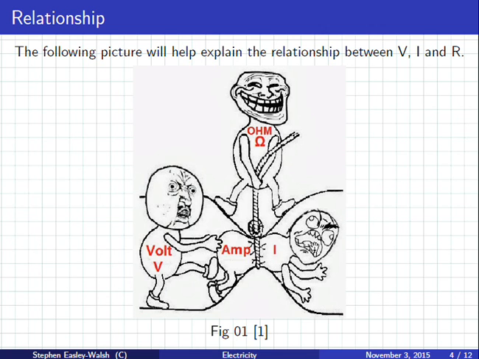So when 1 amp travels through 1 ohm of resistance at 1 volt, then it means 1 joule of energy was made, of work was done, usually heat.